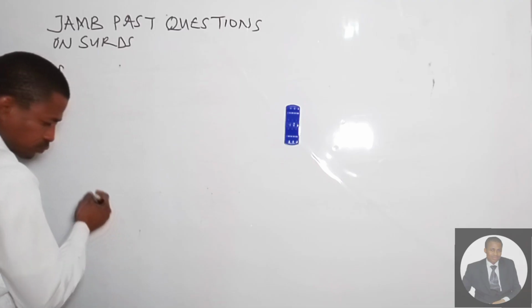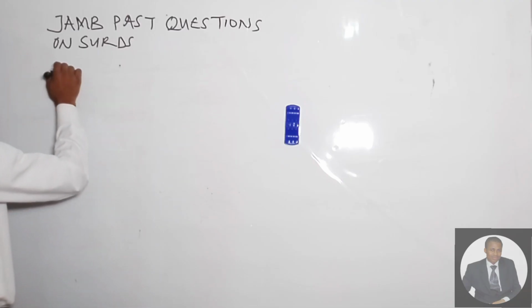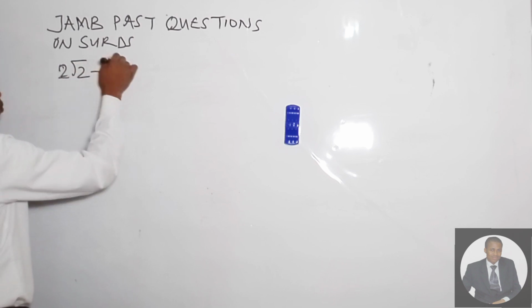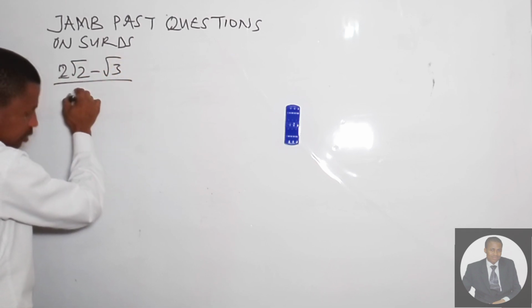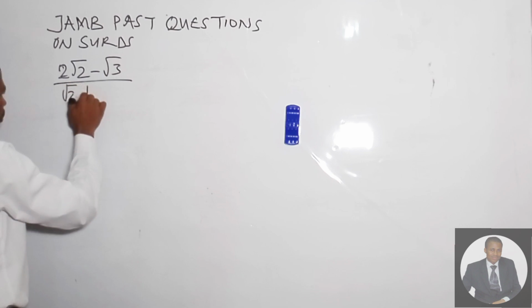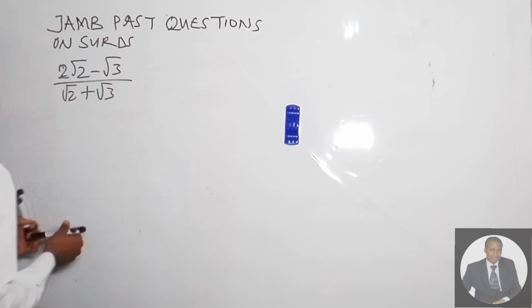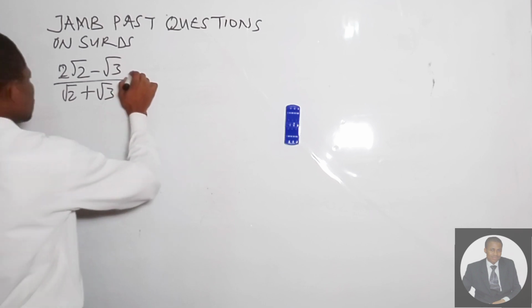Let's take 2 root 2 minus root 3 over root 2 plus root 3. When we have this kind of question, we multiply by the conjugate surd.